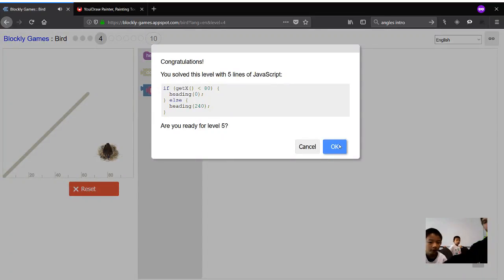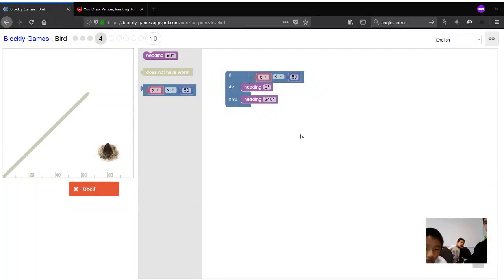So here's why your code worked actually. I'm just gonna click cancel for one moment. The reason why your code worked is that, first of all, you chose an angle that is too small. Your angle 240 is pointing, look at the angle here. It's pointing this direction, right? But if our bird headed this way, it would miss the nest.